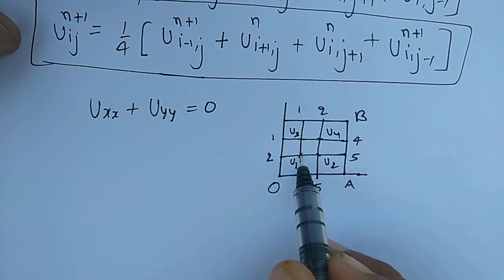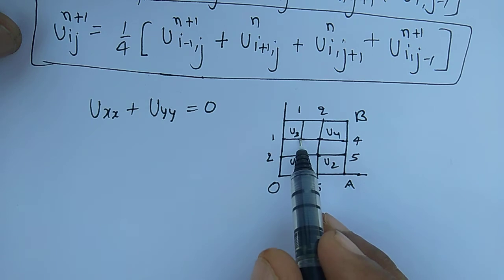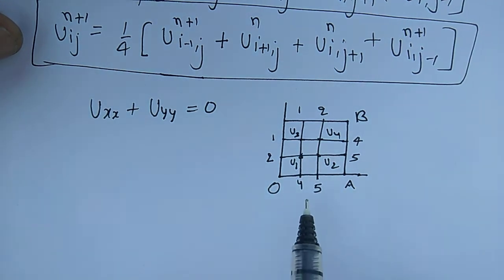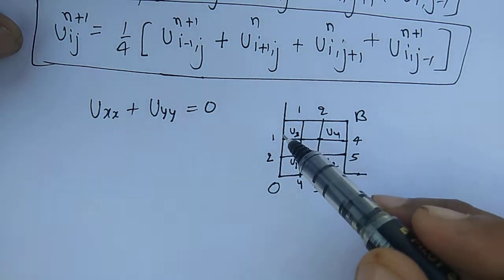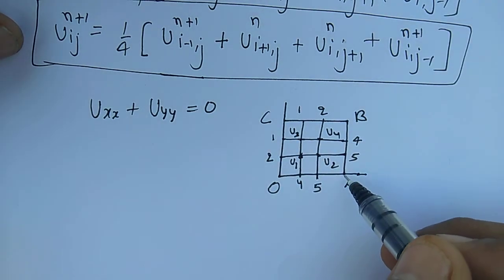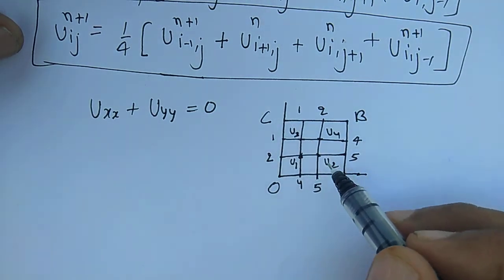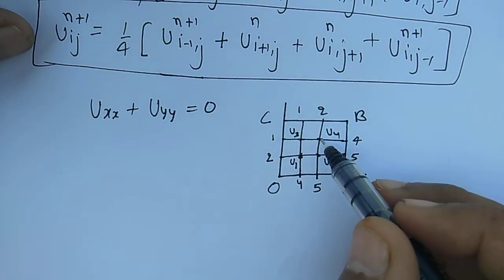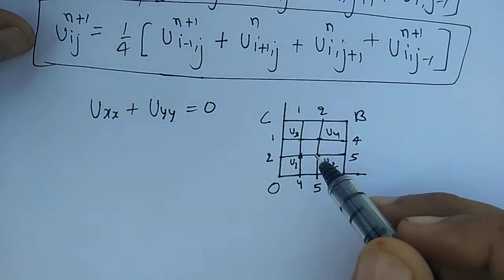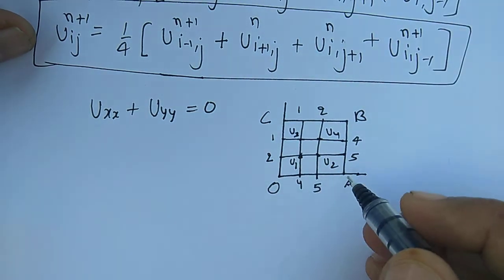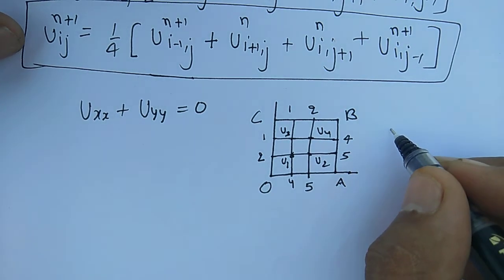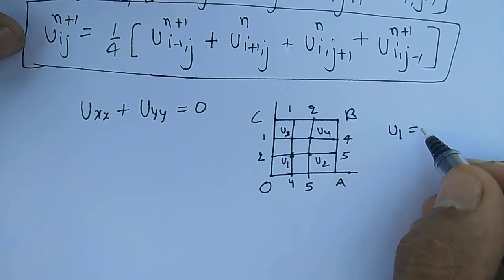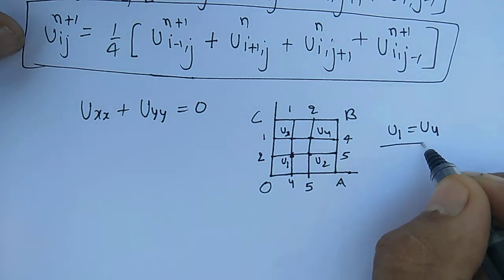For u1 we'll use the standard 5-point formula, that means 1 by 4 of 2 plus 4 plus u2 plus u3. And one more thing, if you see carefully this boundary condition, if you take this diagonal AC, the boundary condition is symmetric: 1, 2, 4, 5 and 1, 2, 4, 5. So the value of u4 and u1 will be the same. Immediately, using the symmetry of the boundary condition, we can write u1 equal to u4.